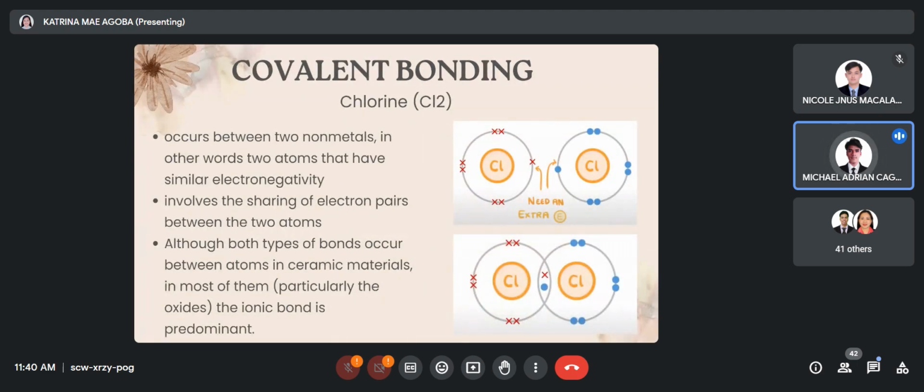Next is covalent bonding. This occurs between two nonmetals, in other words, two atoms that have similar electronegativity. This involves the sharing of electron pairs between the two atoms. Although both types of bonds occur between atoms in ceramic materials, in most of them, particularly the oxides, the ionic bond is predominant.